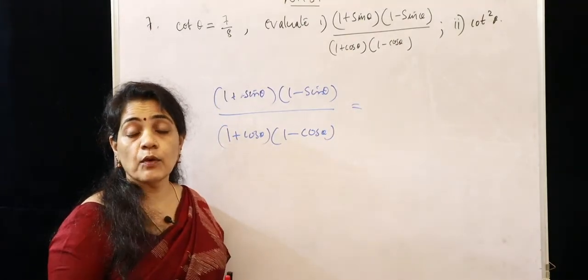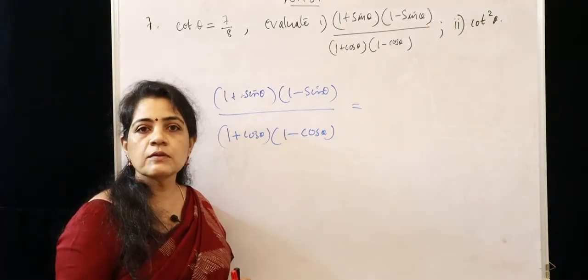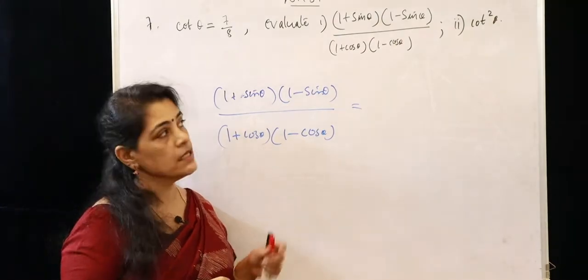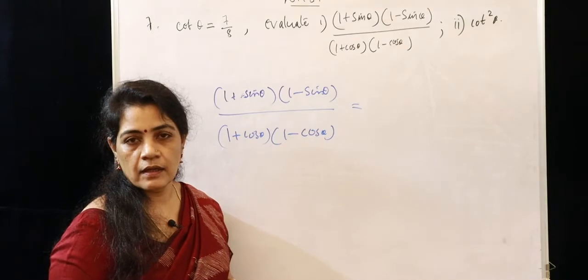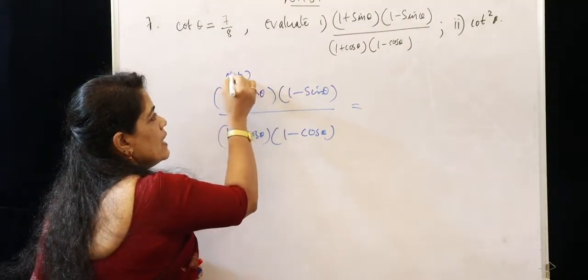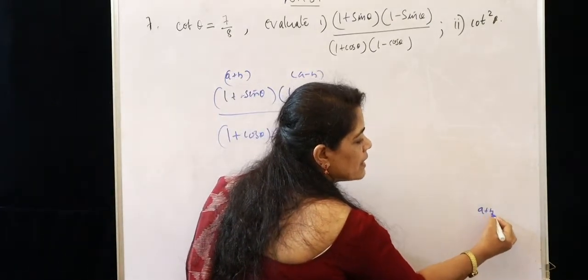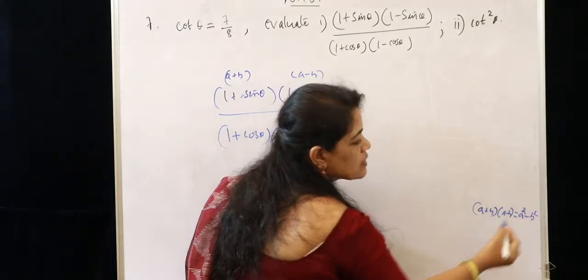Here one point to be noted very carefully, that means you can apply the algebraic identities to these trigonometric ratios. That means this is of the form a plus b into a minus b. Isn't it? What is a plus b into a minus b? Identity, that is a square minus b square.